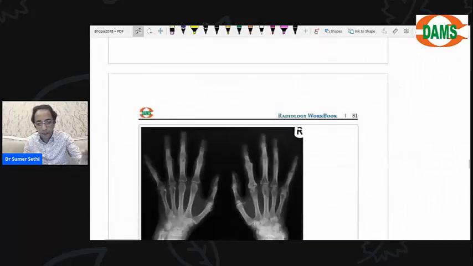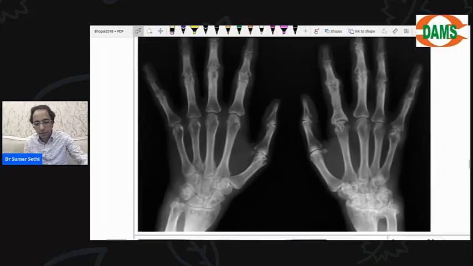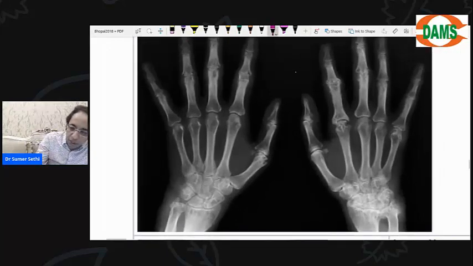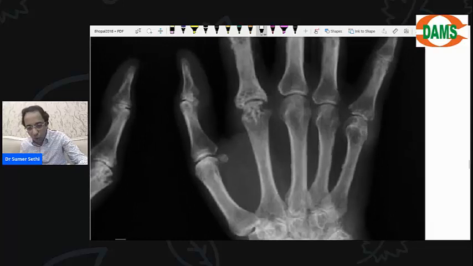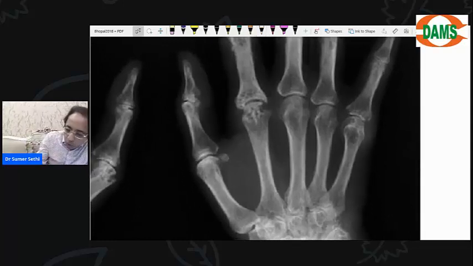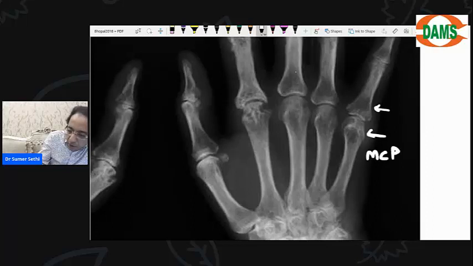Okay, look at the X-ray here. Is it the X-ray of one hand or both hands? You can see X-ray of bilateral hands, both hands. Now I want you to focus on what I'm trying to show you. Look at this area. What joint is this? MCP, metacarpophalangeal.